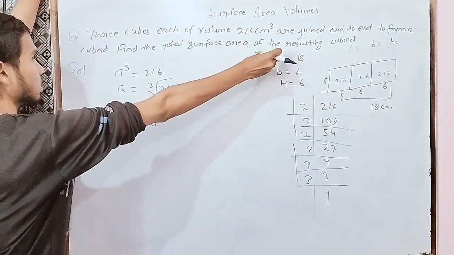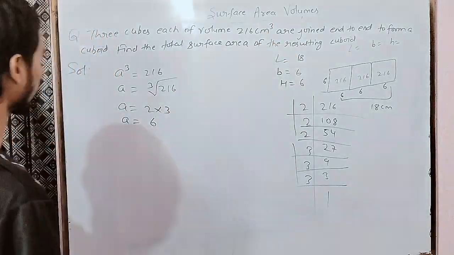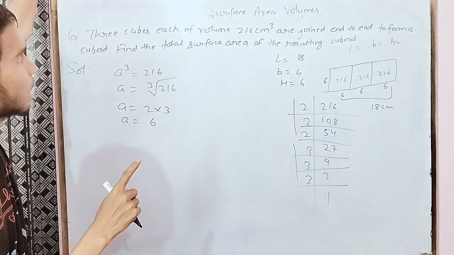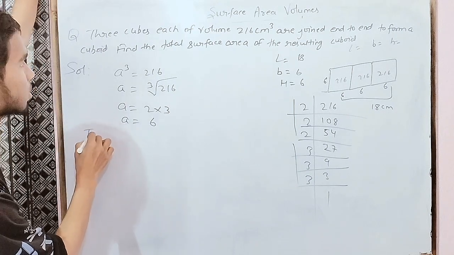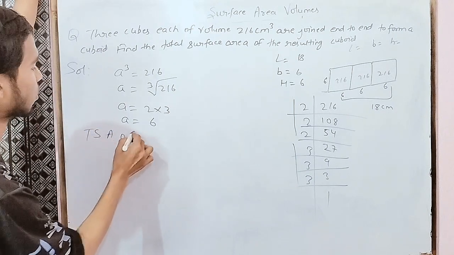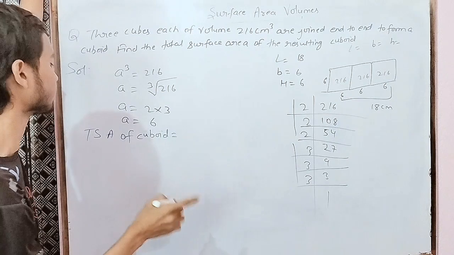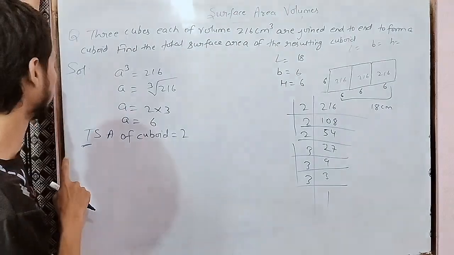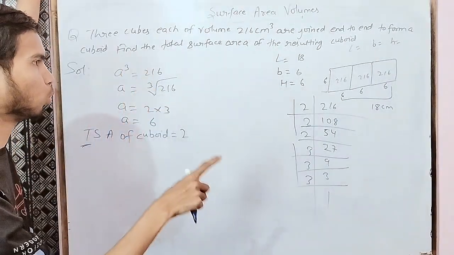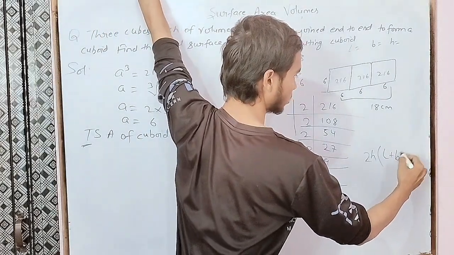Now we will put each value of this side in the formula for finding the total surface area of a cuboid. So the total surface area of a cuboid would be what? Here, what is the total? Not lateral. If lateral, then 2h(L plus B).